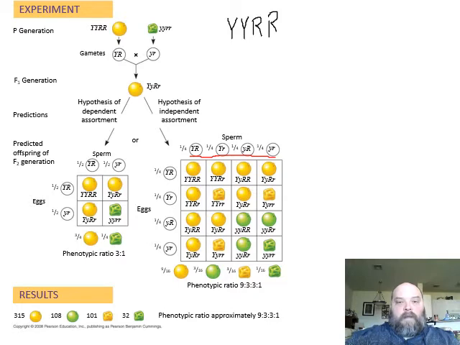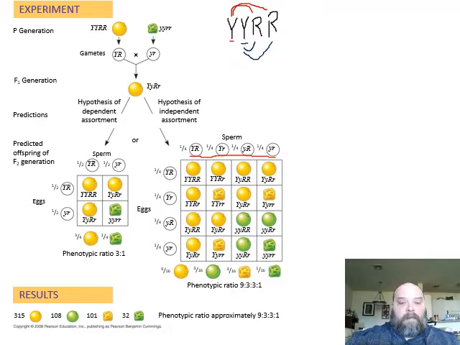If we start with this Y, it can, through meiosis, pair up with that R, or can pair up with that R, because remember, every gamete's going to get both genes. The second Y can pair up with that one, or can pair up with that one.